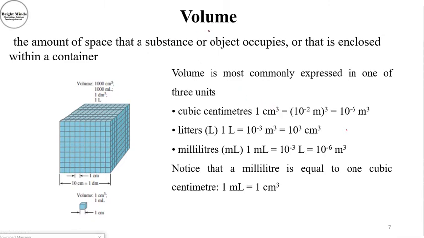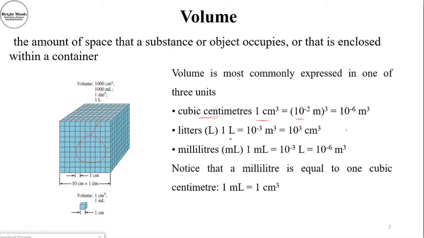Another extensive property is the volume. The volume is the amount of space that a substance or object occupies or is enclosed within. If I look at this cube, the material inside this cube would be my volume. The volume can be expressed in 3 units. In cubic centimeter, and 1 cubic centimeter is equal to 10 to the power minus 6 cubic meter.